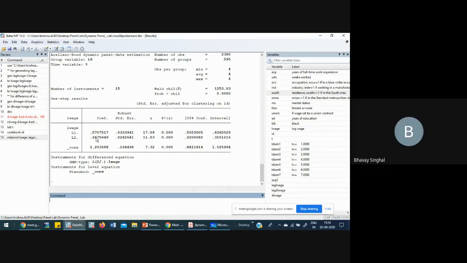Okay. So this is the weightage of the previous year wage's effect on the current year wage.